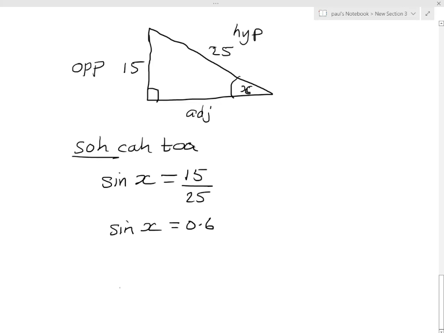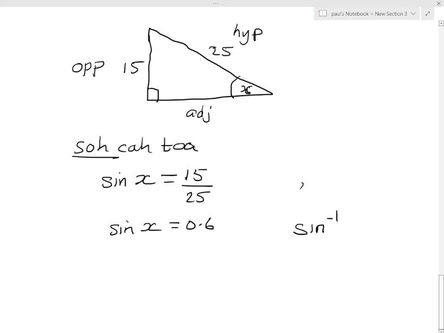Now, we've got to go from a number back to an angle. Before we were doing sine 30, the angle equals something or other. This time we're going back and we're going to use this thing on your calculator, sine minus 1.